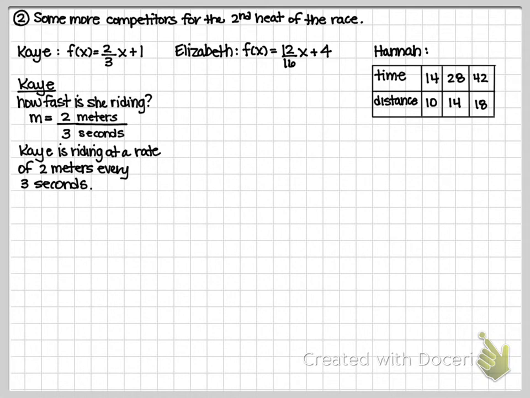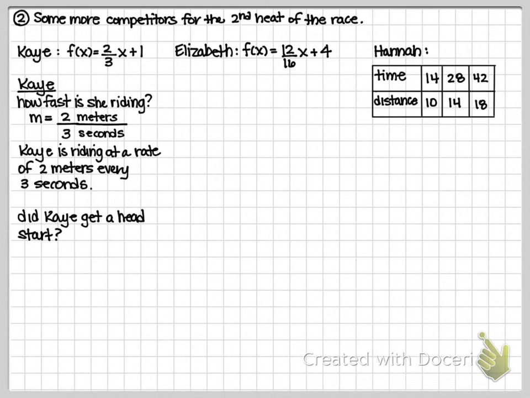Another question that I want to know is, did she get a head start? So did Kay get a head start? Remember, this information is going to come from her starting value, or her y-intercept.